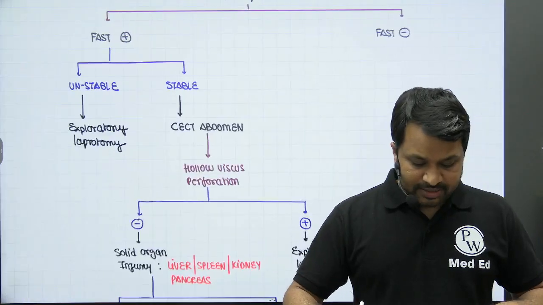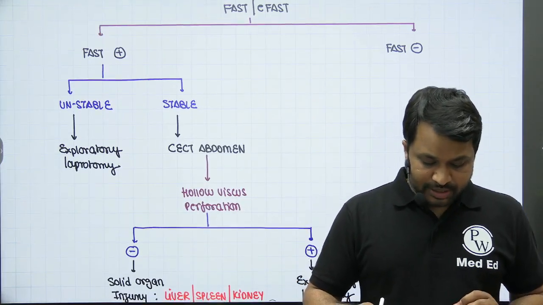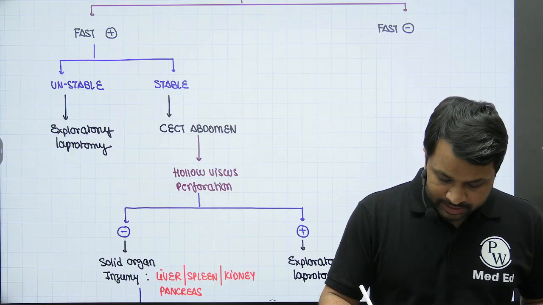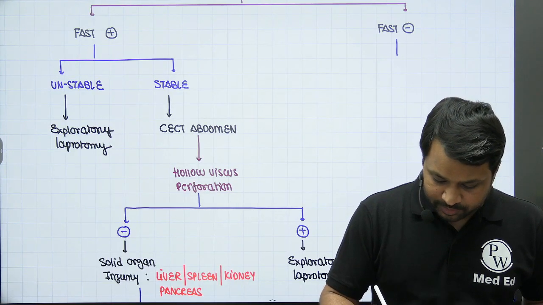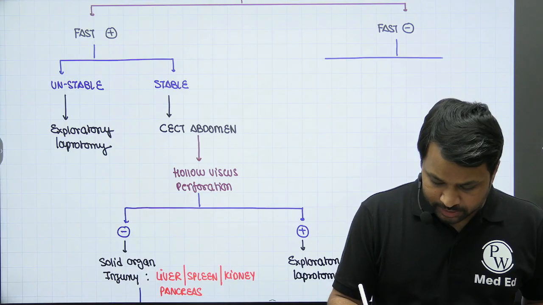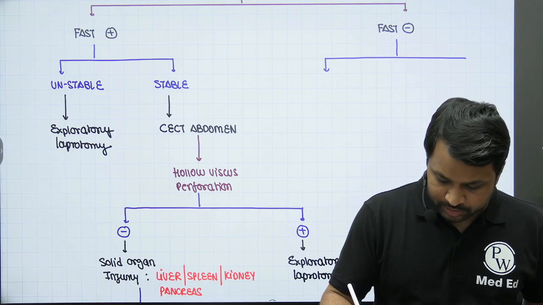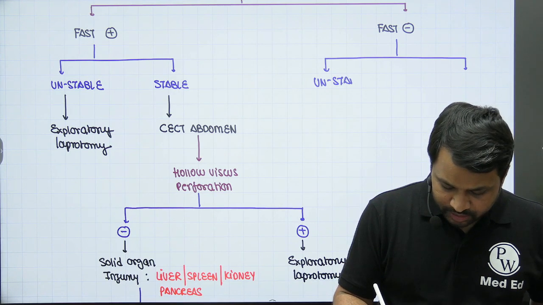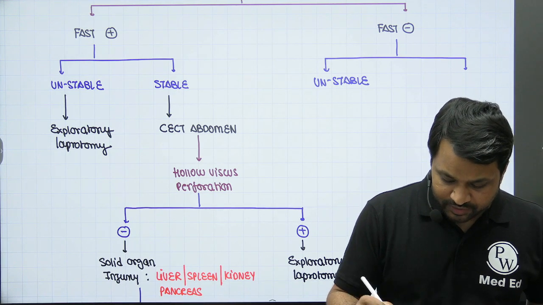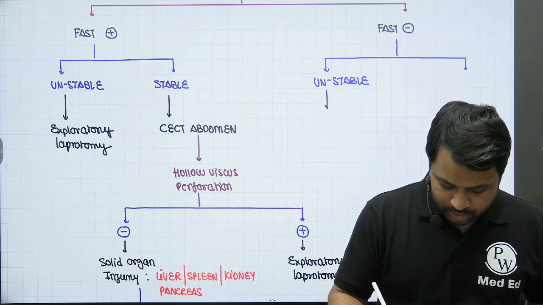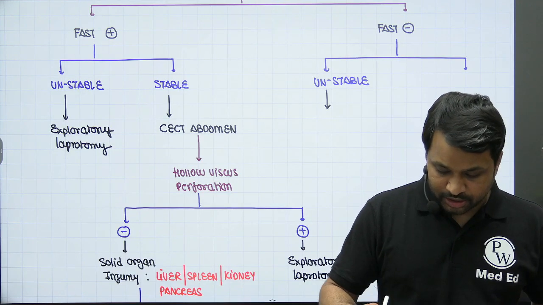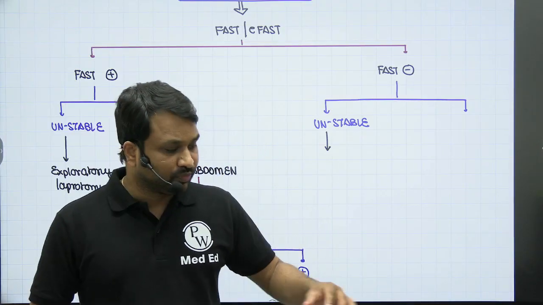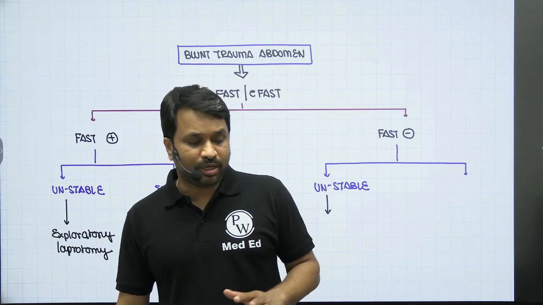If it is FAST negative, the patient is blunt trauma abdomen with FAST negative, again you will assess the same, whether the patient is stable or whether the patient is unstable. Right? If the patient is unstable, even if the FAST is negative, in a blunt trauma abdomen, you will take the patient. Now this is quite tricky. A patient comes with blunt trauma abdomen, right?